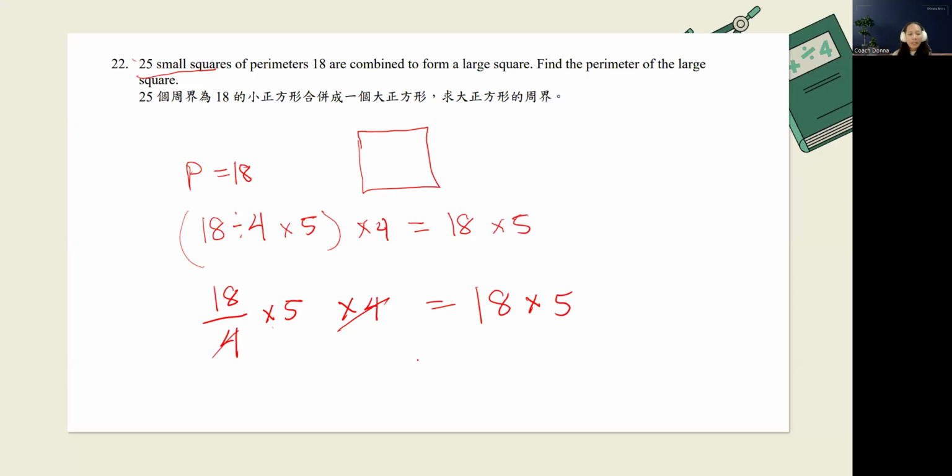And 18 times 5 is 90. And this is how we'll get our answer. The question was to find the perimeter of the large square. So that's it for this one.